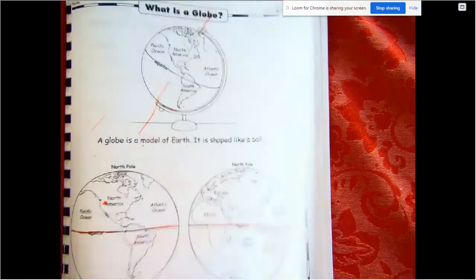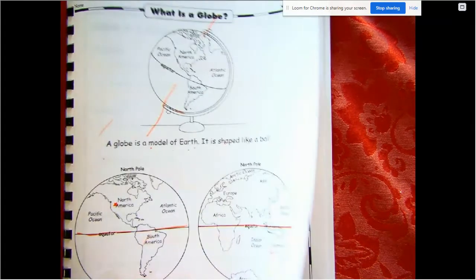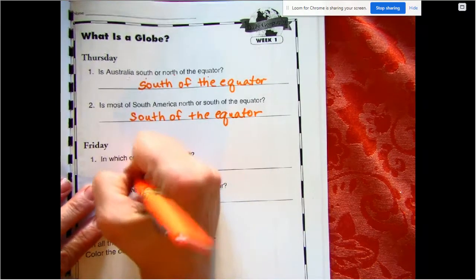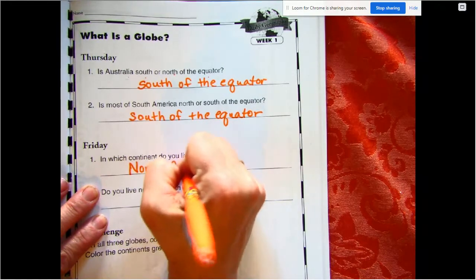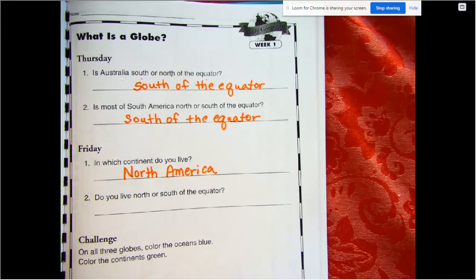All right, on Friday's one, it says here, in which continent do you live? So I marked it for us. Where do we live? We live in North America, or the North American continent. Okay, North America. Do you live north or south of the equator? So here's the equator.